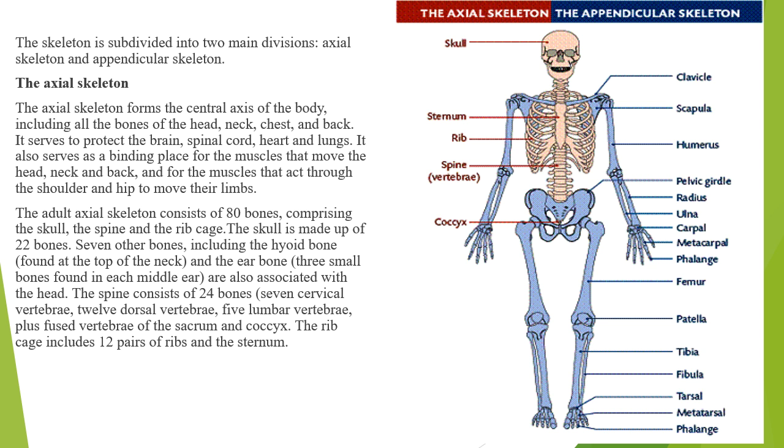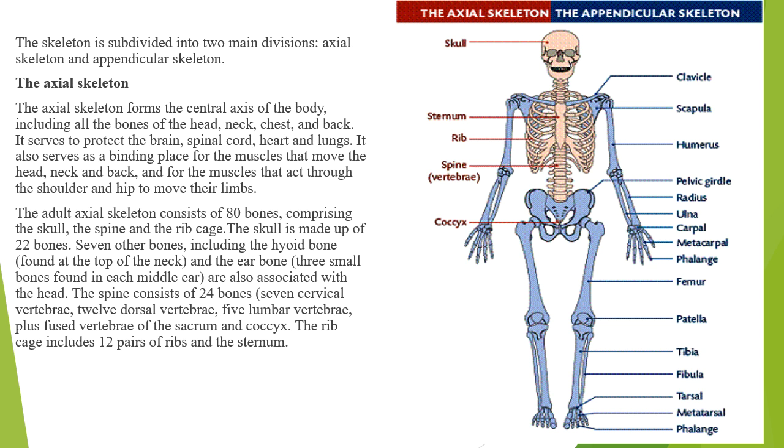The adult axial skeleton consists of 80 bones, comprising the skull, the spine, and the rib cage. The skull is made up of 22 bones. 7 other bones, including the hyoid bone found at the top of the neck, and the ear bones, 3 small bones found in each middle ear, are also associated with the head.